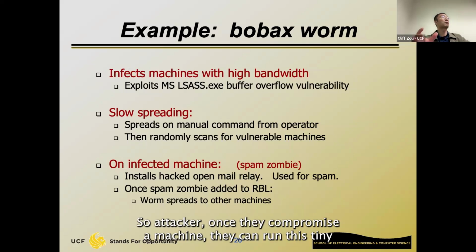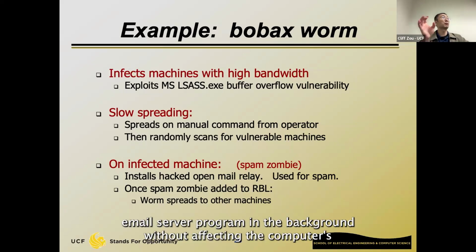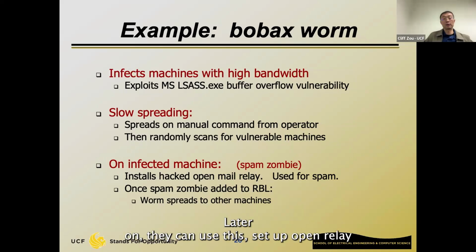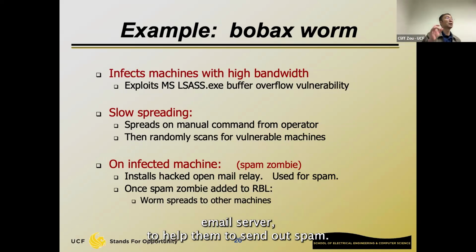So once attackers compromise a machine, they can run this tiny email server program in the background without affecting the computer's performance. Then attackers later on can use this open relay email server to help them send out spam.